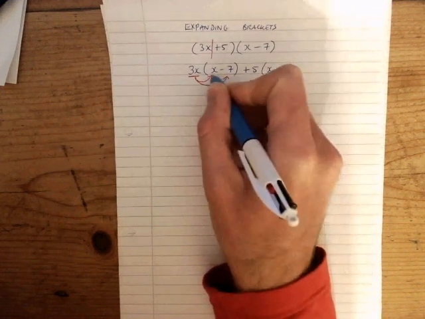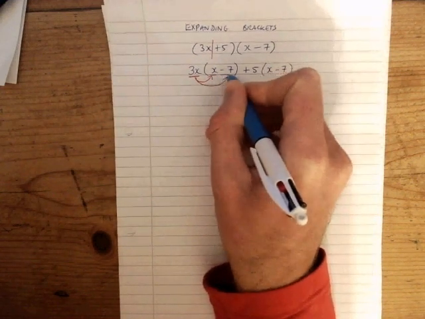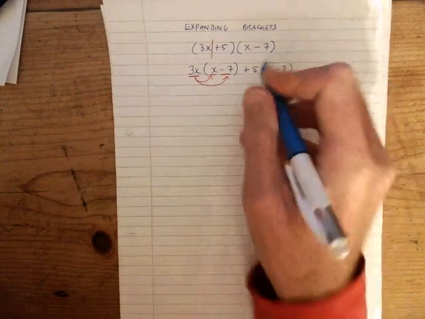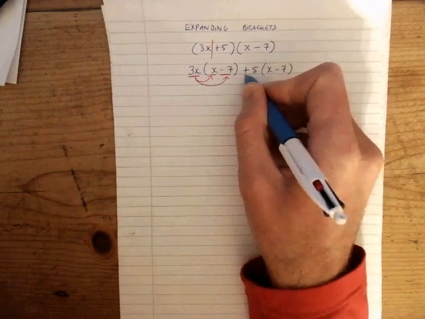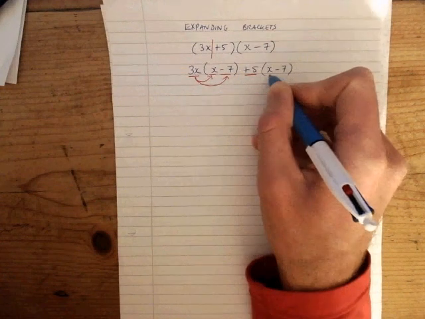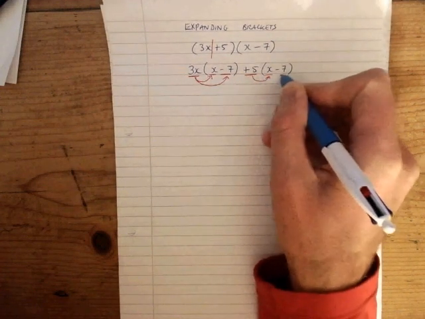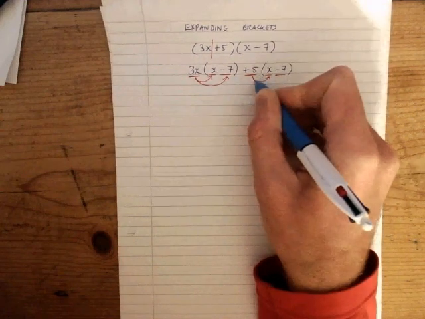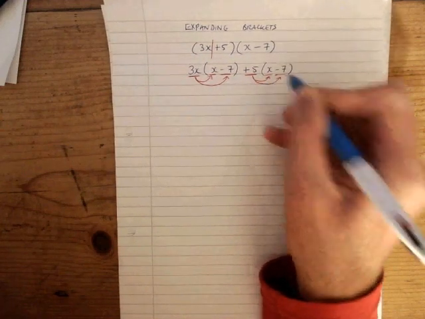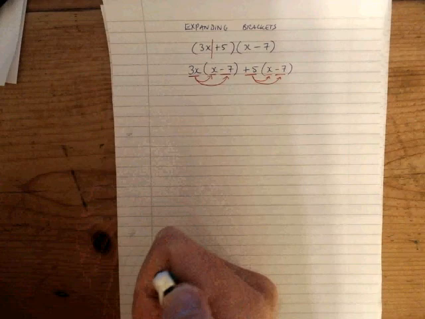Alright, 3x by x and 3x by minus 7. And then we're going to come along and multiply plus 5 by x and plus 5 by minus 7. Okay, so we'll just start that process.